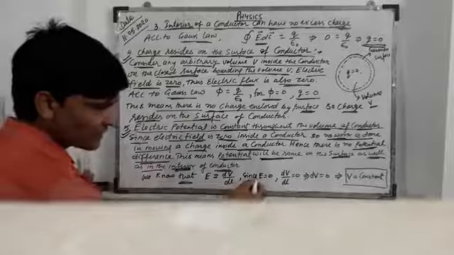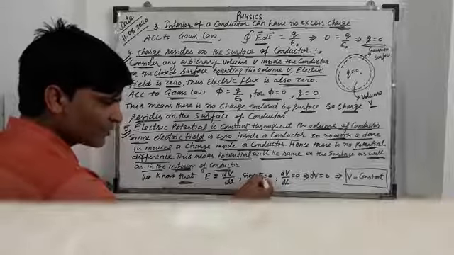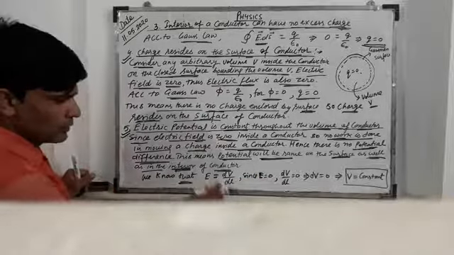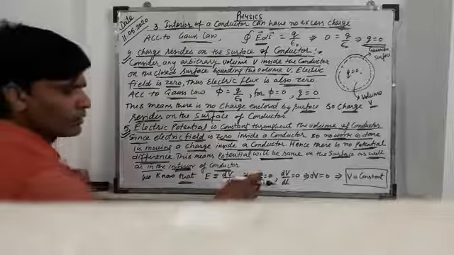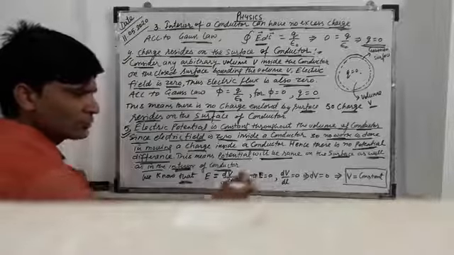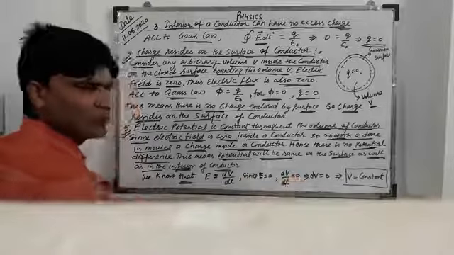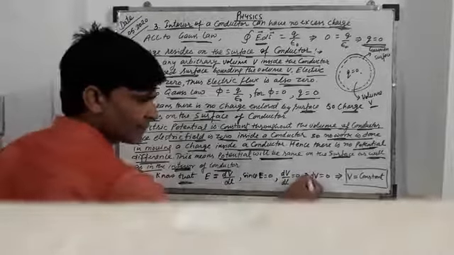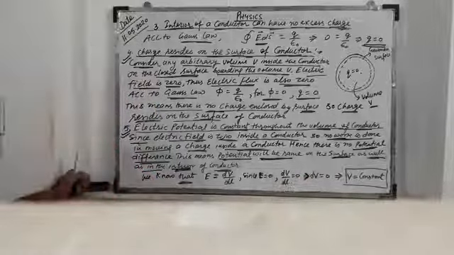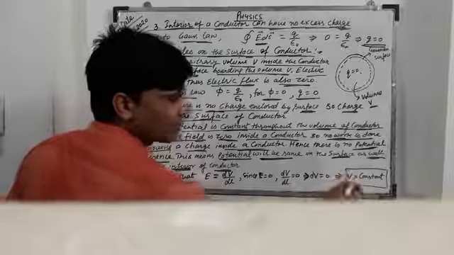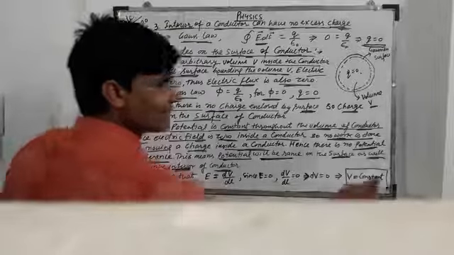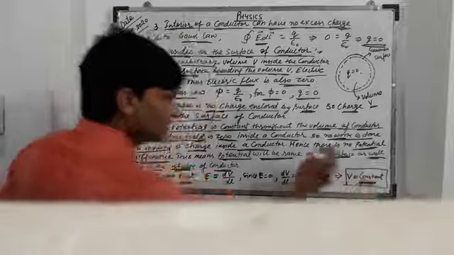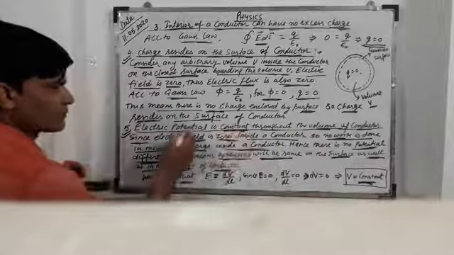Then since E is equal to 0, and E is equal to dV upon dl, then dV upon dl is equal to 0, then dV is equal to 0, and if dV is equal to 0, then V is equal to constant. This means potential is constant.